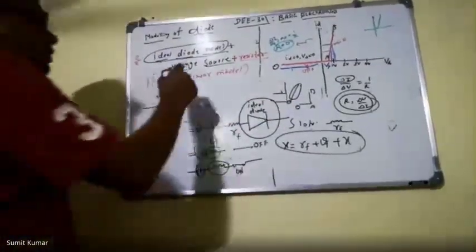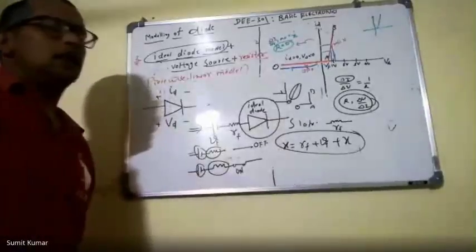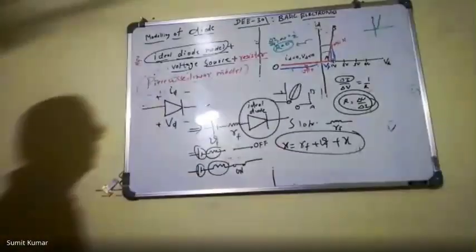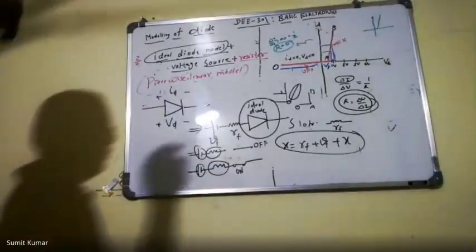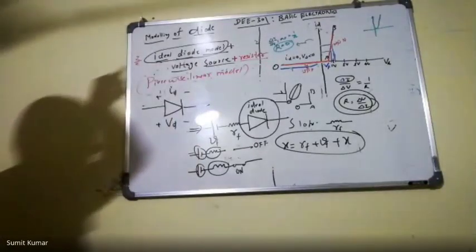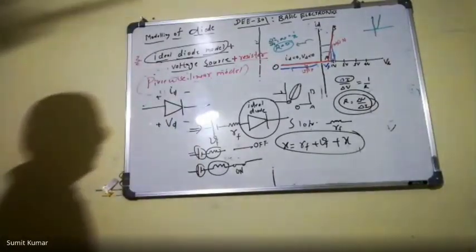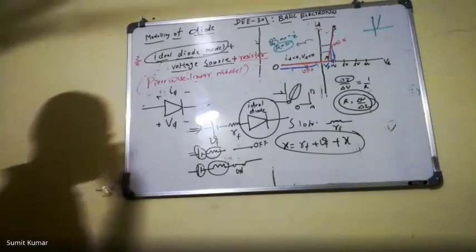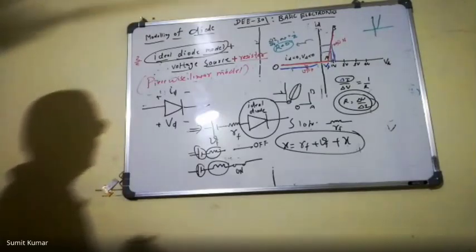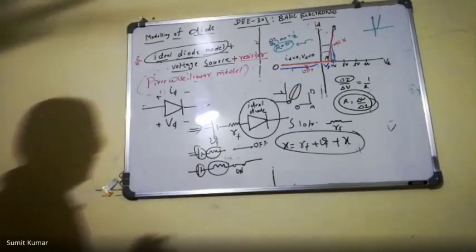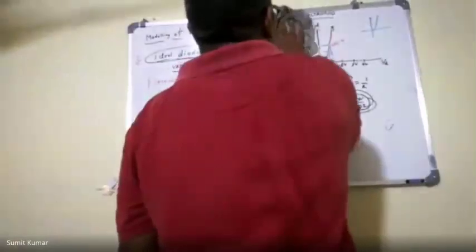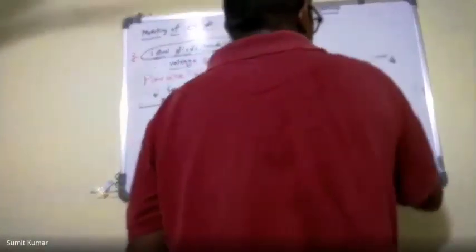In the second model, the constant is a voltage source, and in the third model, the constant is a voltage source plus resistor. Now, in order to make this more concrete and clear, let us solve those numericals which we solved for the ideal diode model with the help of the remaining two models. Those are two very basic numericals.